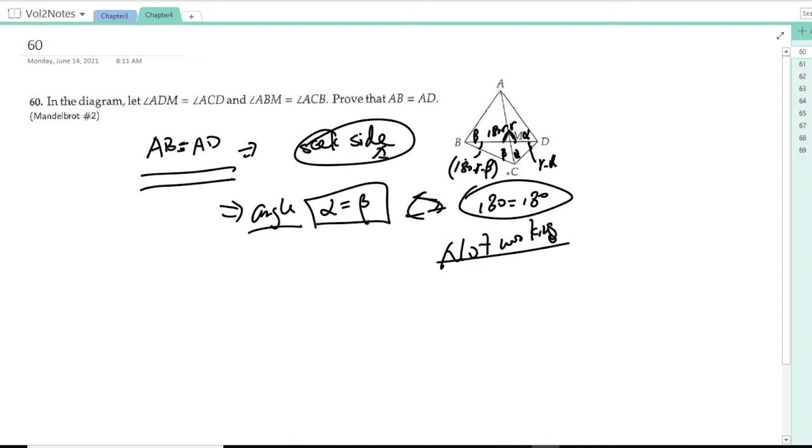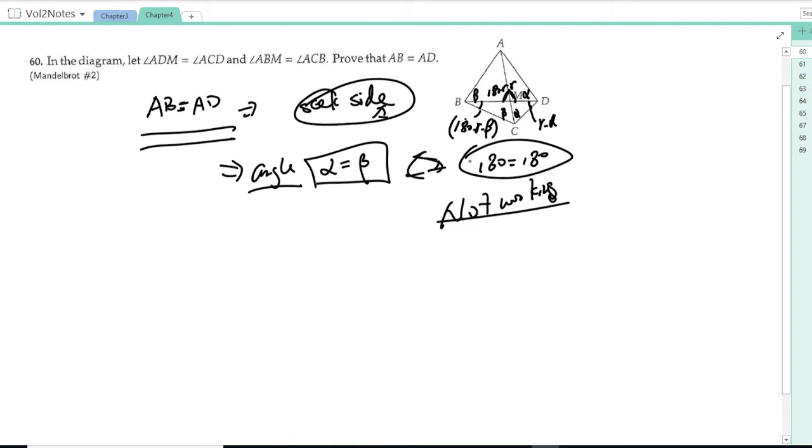Okay, if angle chasing is not working, now we look at the triangle ABC and the triangle AMB, right?